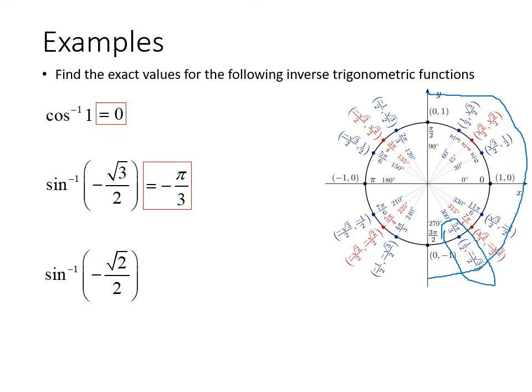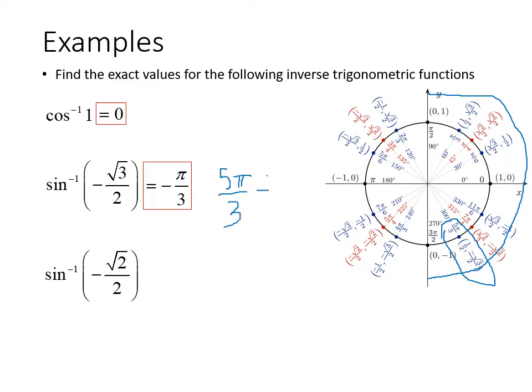But remember, the inverse sine is defined from negative pi over 2 to positive pi over 2. So 5 pi over 3 is not going to be a part of that. So we have to write that as a negative angle. And so that would be negative pi over 3. And we can find that by taking 5 pi over 3 and subtracting 2 pi.